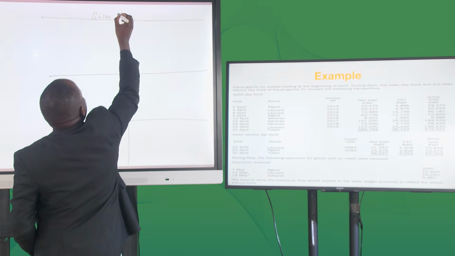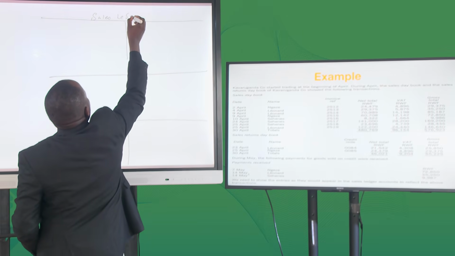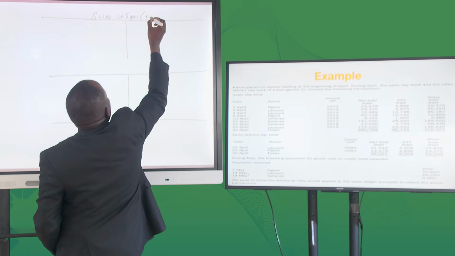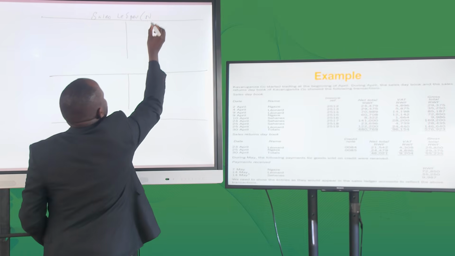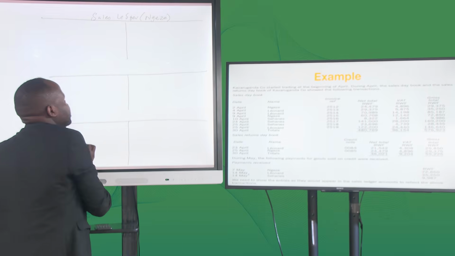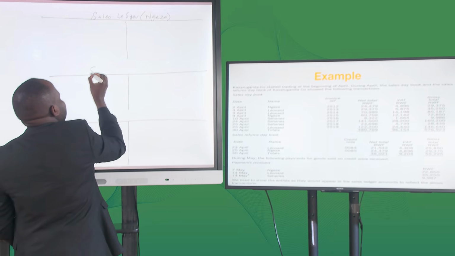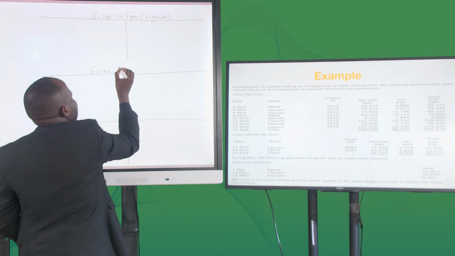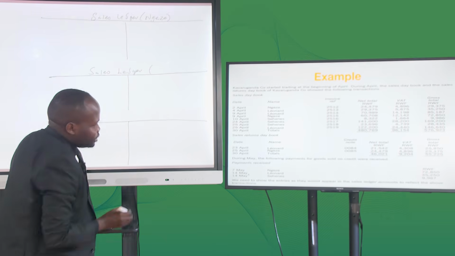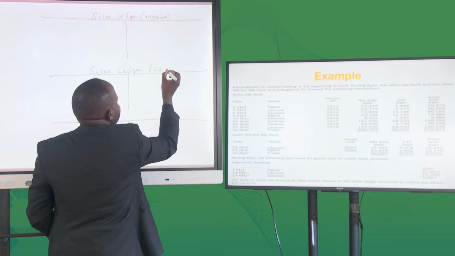So we have a sales ledger. Remember, you can also call it receivables. The first client is called Ngeze. There is the second sales ledger of a client called Leonard.